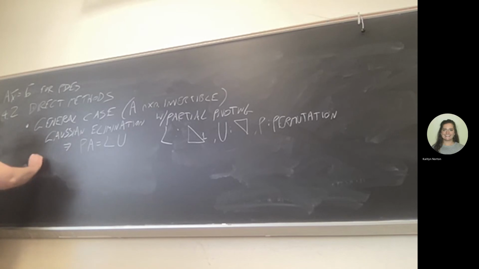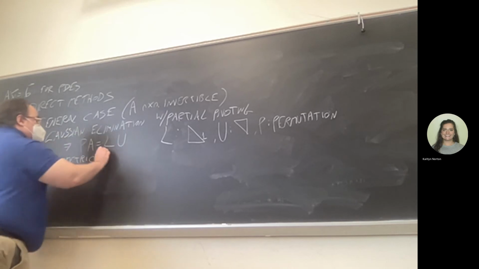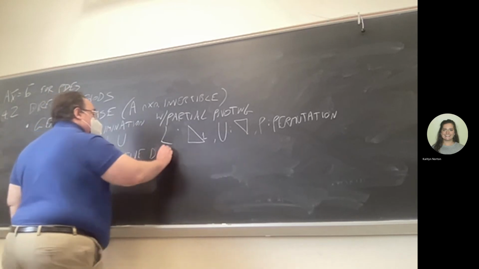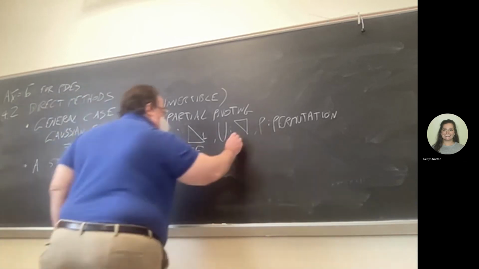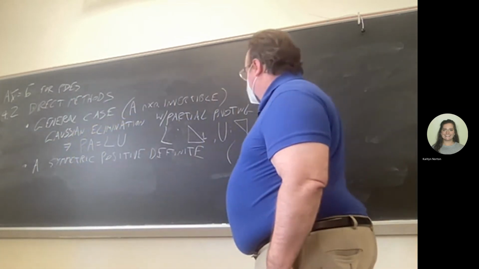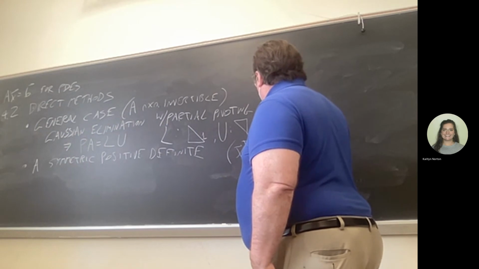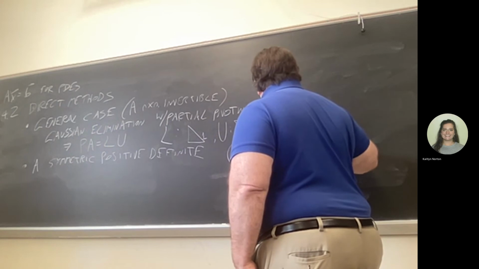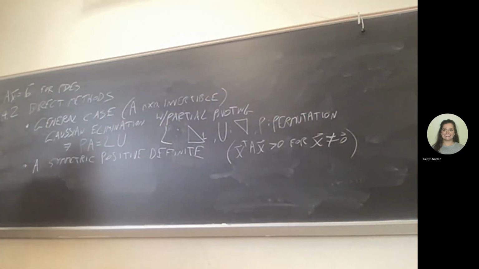And then, if a matrix A is symmetric positive definite, okay, just to refresh your memory on that, A is symmetric, but you also have x transpose Ax is strictly positive whenever x is a non-zero vector.